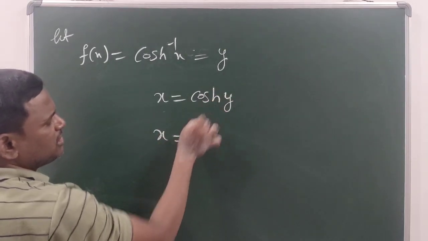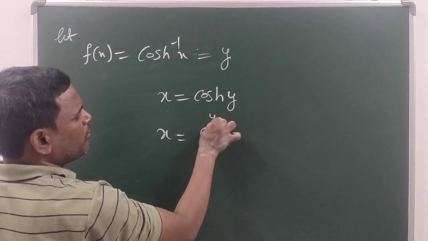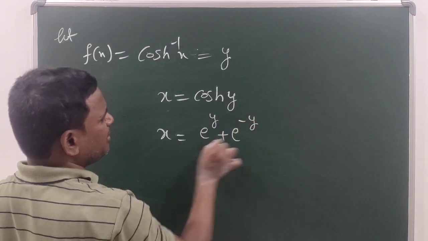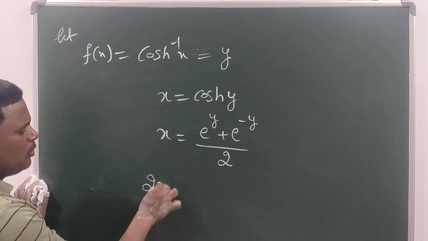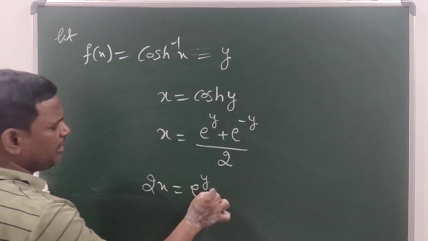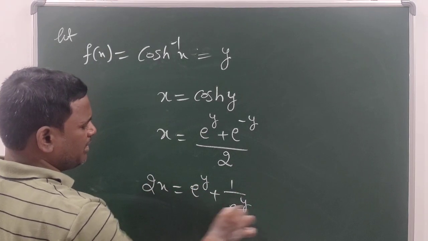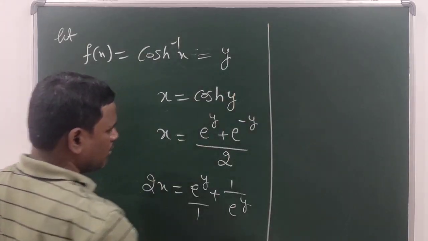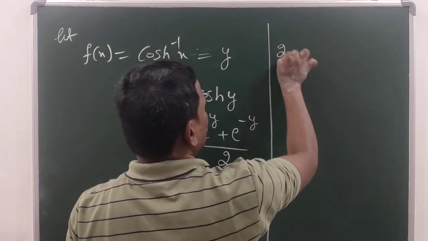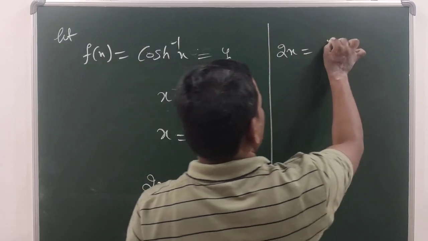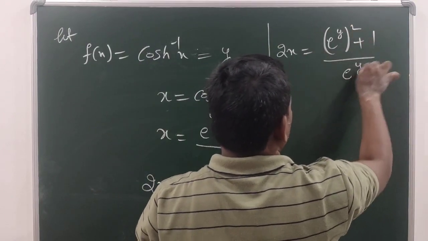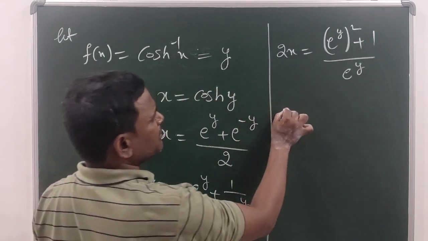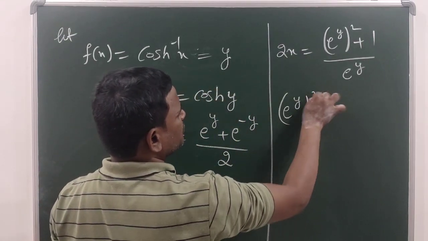You know cos h y is nothing but e power y plus e power minus y by 2. Now take cross multiplication: 2x is equal to e power y plus 1 by e power y. Now take cross multiplication again: 2x is equal to e power y whole square plus 1 by e power y. Now simplify this, e power y whole square.